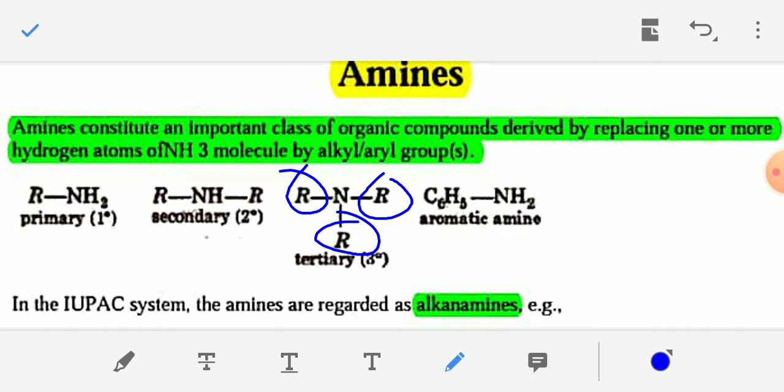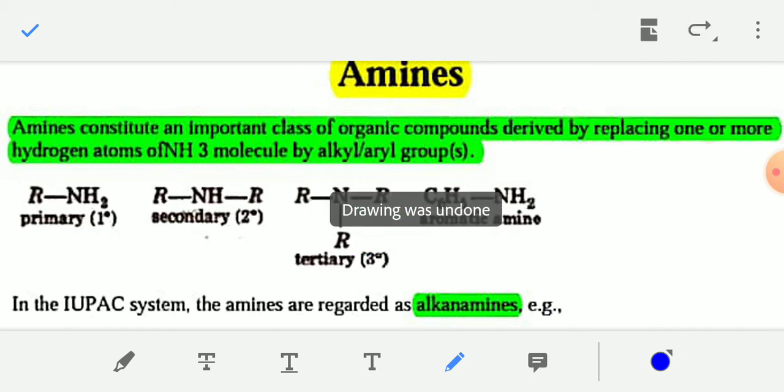And in 3 degree amine there is no hydrogen atom. So 1 degree amine general formula is RNH2. Secondary amine general formula is R-NH-R. And in case of tertiary amine, the general formula is R-N-R with a third R. These are tertiary amines.